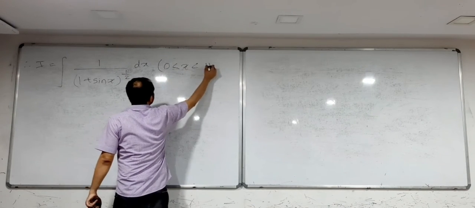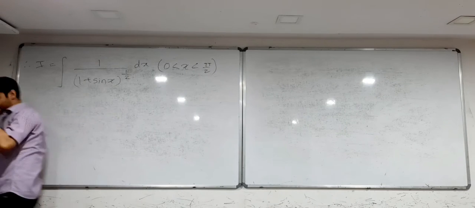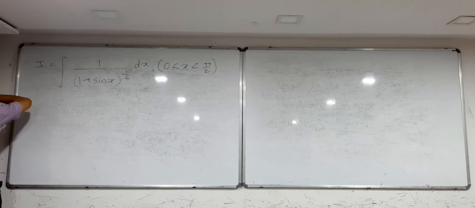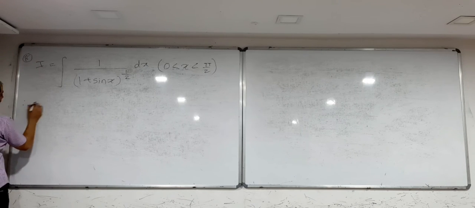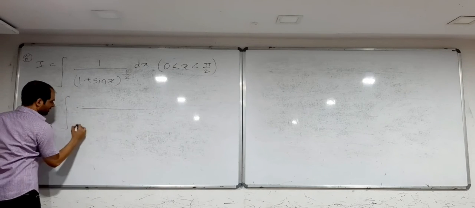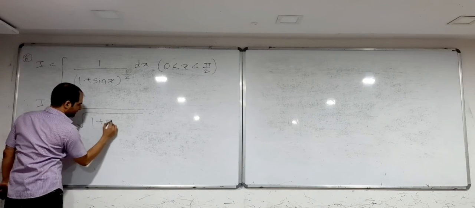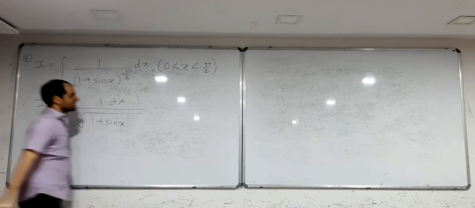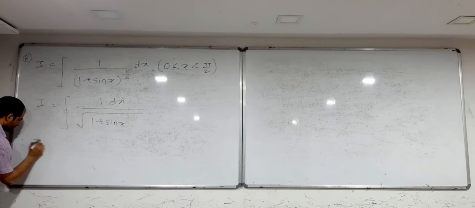This was also asked theoretically. This is the next question, and I will keep it as the last question for today. So I is 1 plus sin x raised to half, dx, with 0 less than x less than pi by 2.